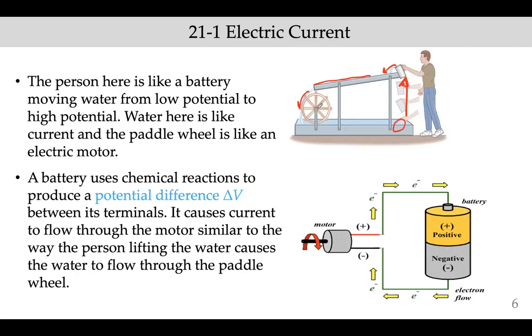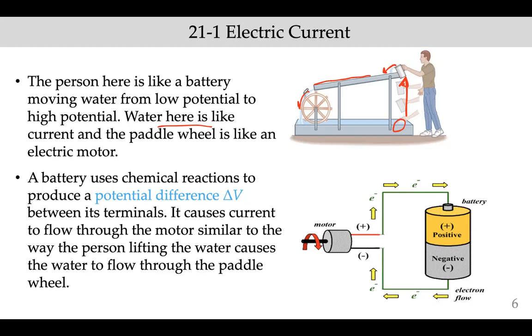If this paddle is connected to some generator or some other thing, it would create some work or even electricity. So this person is doing work here. This person is like the battery. It creates a potential difference. Water here is like current, and the paddle wheel is like the electric motor.